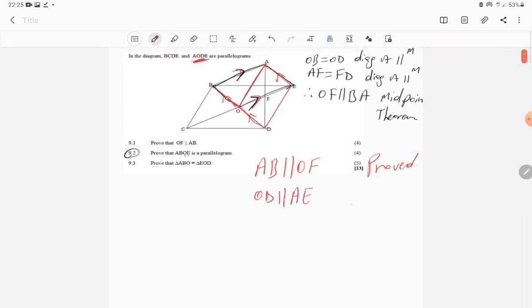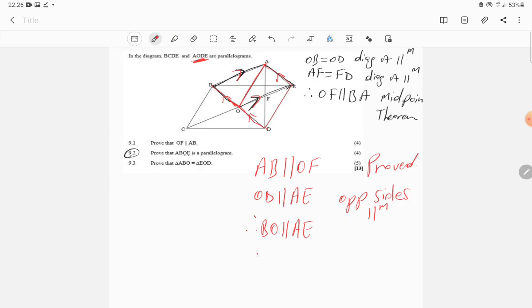The reason for that is opposite sides of a parallelogram. The opposite sides of a parallelogram have to be parallel to each other. Therefore BO is also parallel to AE. And so that is just the finishing reason for the statement above.